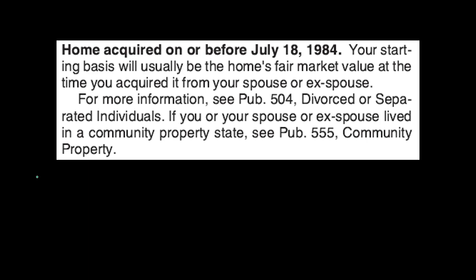And notice again, if this is a situation that applies, you want to do more research into the rules with relation to divorce and the basis, specific to states that might have different rules with relation to community property.